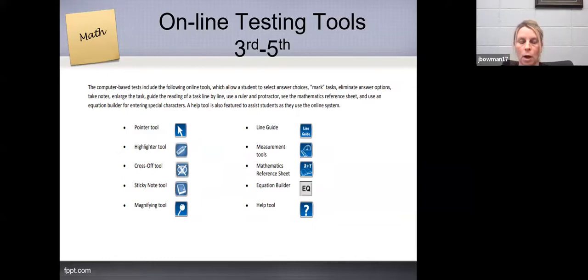Also, you'll see students use this in Edulastic on their math tests. And some of the math teachers, I know in 4th grade, have been using the digital protractor and the rulers online as well.